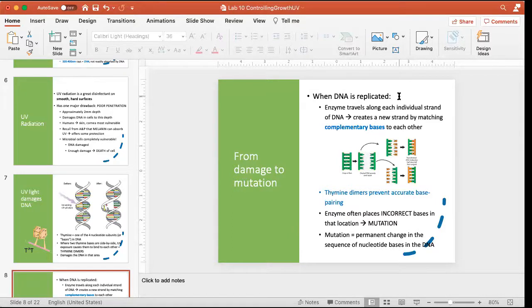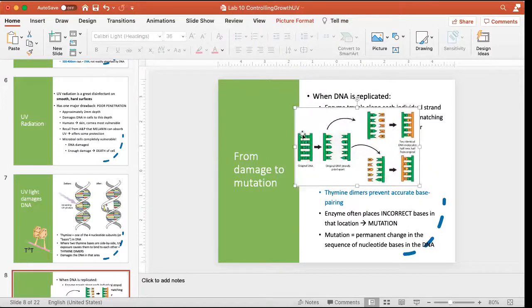It has to be replicated, so that each of the new cells gets their own copy of the DNA molecule. There's an enzyme that does this work. It travels along each of the strands of existing DNA, and it creates a new strand of DNA. So you end up with 2 DNA molecules at the end. Take a look at this image right here.